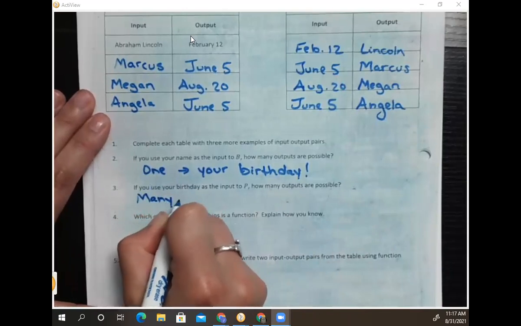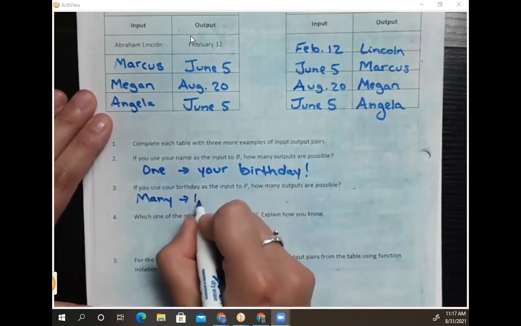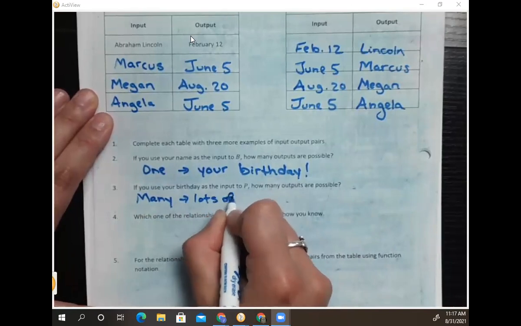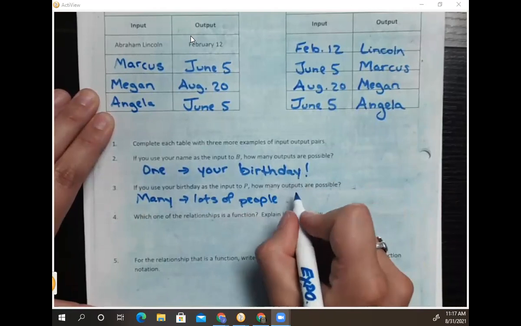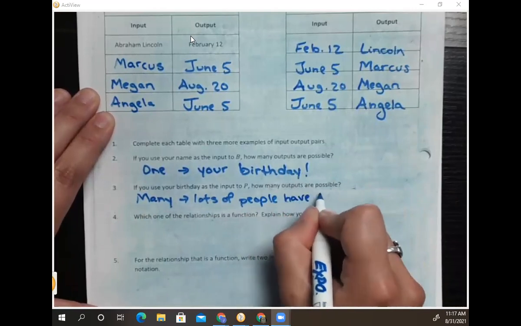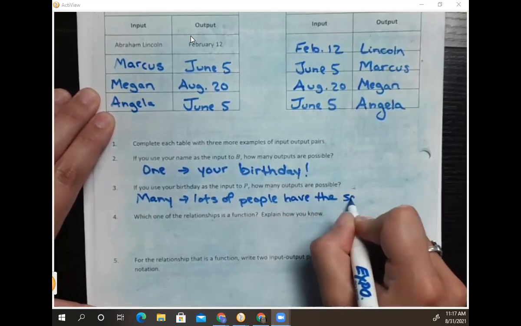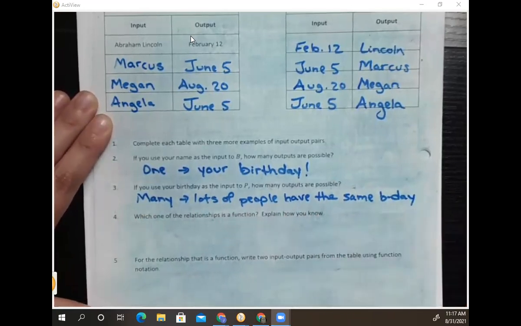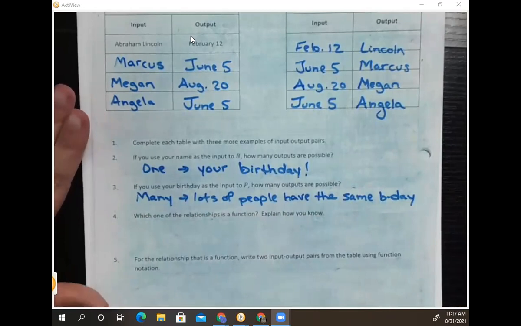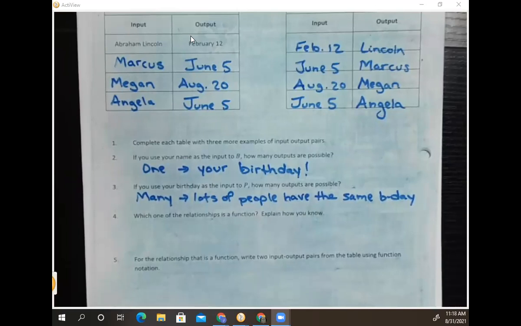Many, because lots of people have the same birthday. So if my input is a date and my output is people that have that birthday, I'm going to have a lot of outputs for any date that I want to pick.